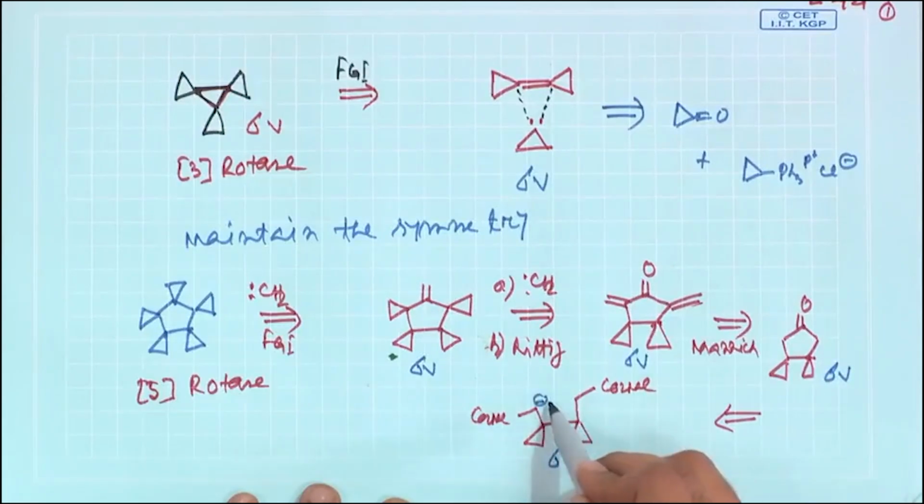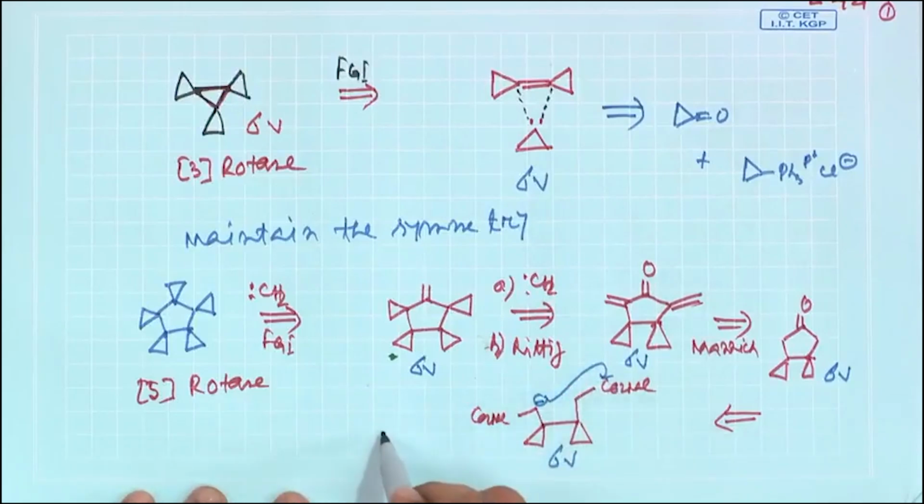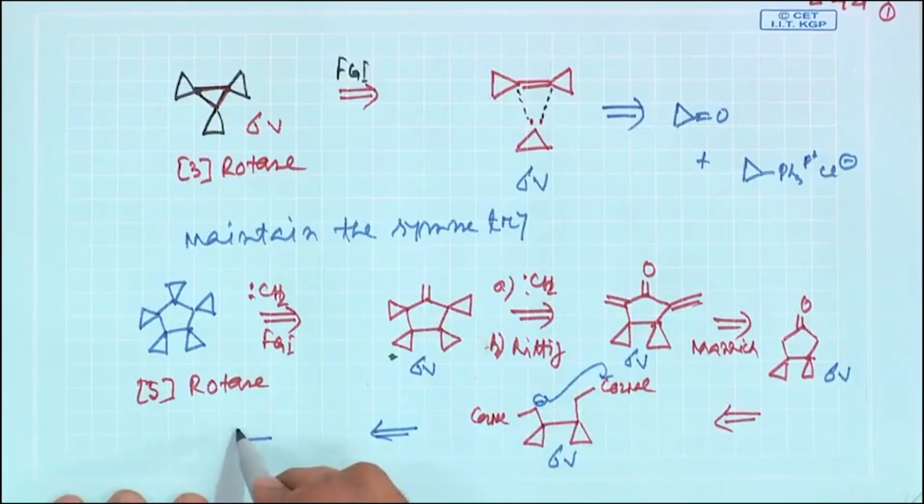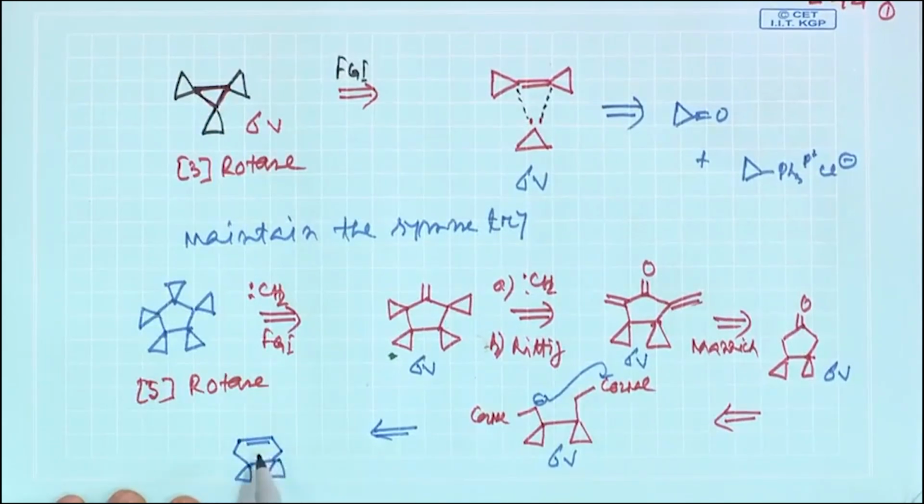You analyze this carbon reacting here to give the Dieckmann product, and finally this particular precursor was coming from this cyclopropane containing cyclohexane by an ozonolysis related FGI.